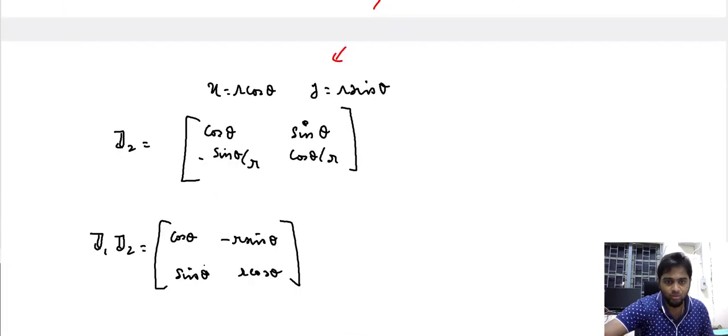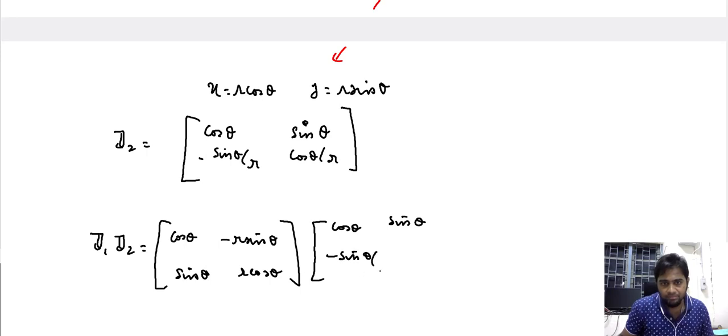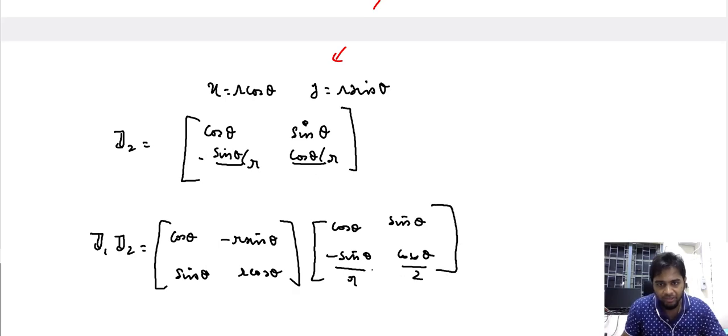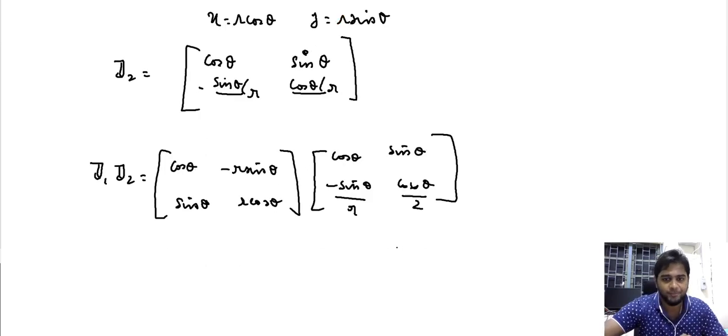I'm just rewriting the J1 matrix here. Now J2 is cos theta, sin theta, minus sin theta by r, and cos theta by r. The r here is for the whole term, not just for theta; it is for the whole cos theta by r. So the accurate way of writing it is being done here.